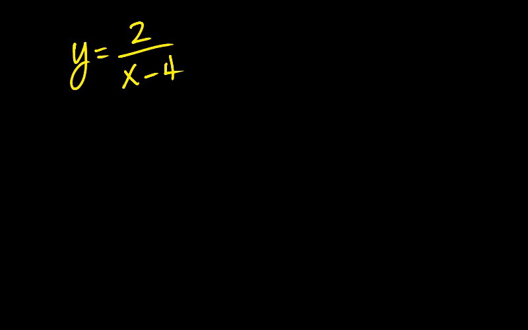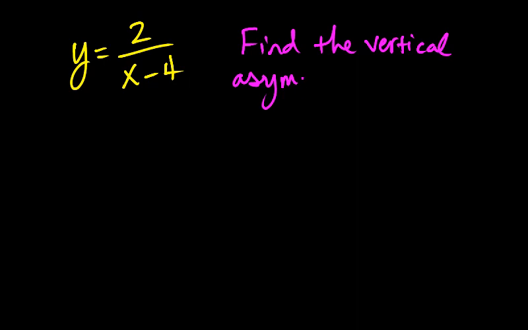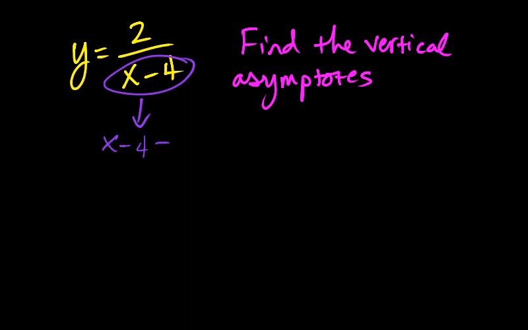So if we want to find the vertical asymptotes, then what we are going to do is take the denominator, which is the one on the bottom, and set it equal to 0. So take x minus 4, set it equal to 0, and solve. So we would add 4, we would get x equals 4.